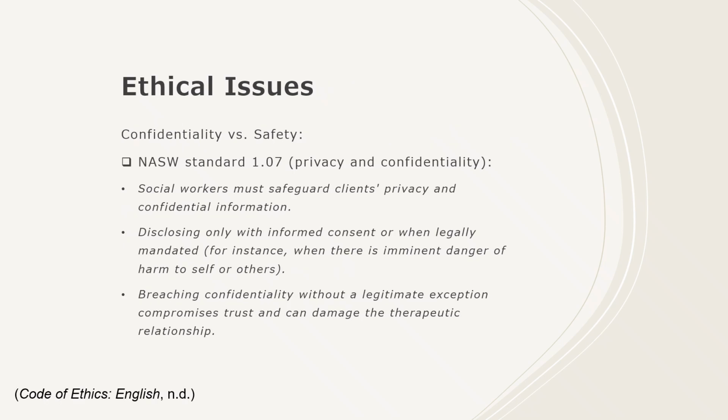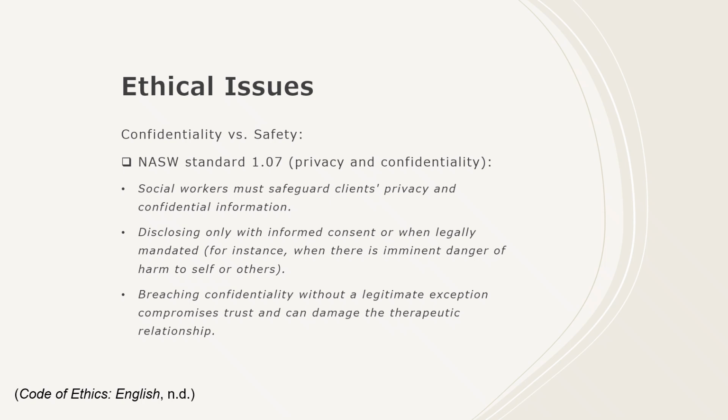For the first ethical issue of confidentiality versus safety, I used the NASW standard 1.07, privacy and confidentiality, to look at this. As social workers, we must safeguard clients' privacy and confidential information. Disclosing only with informed consent or when legally mandated is important.